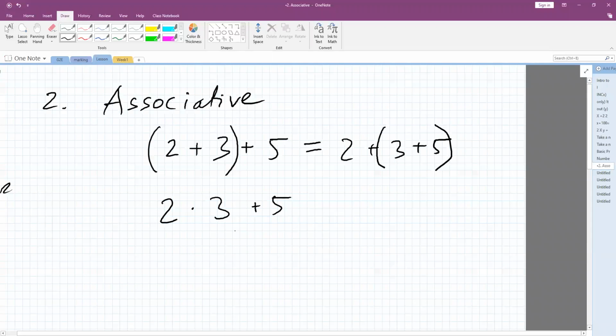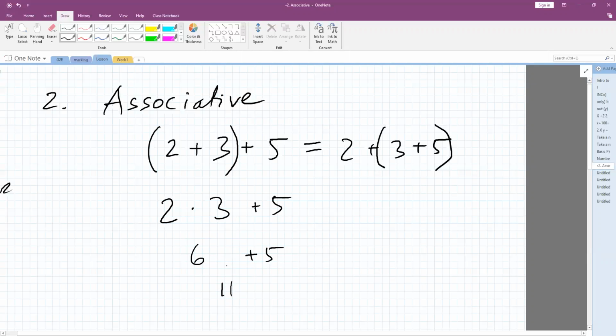They have different levels. So you have to do the multiplication first. In this case, you do 2 times 3, which gives us 6, and then plus 5. So it will give you 11.